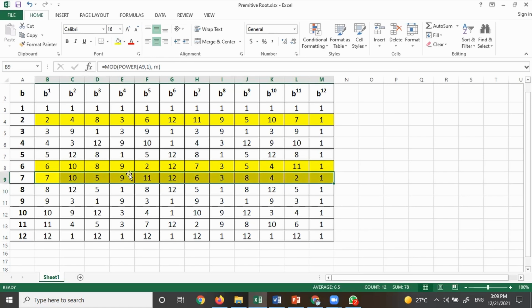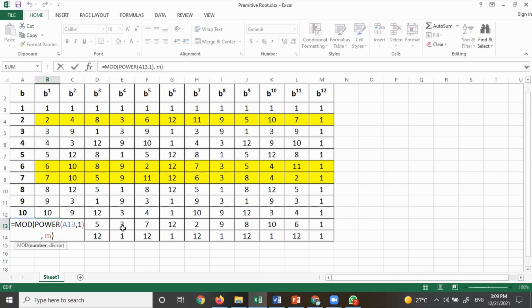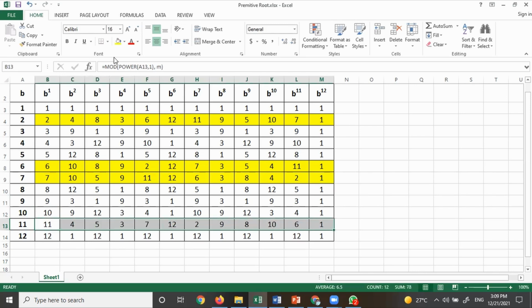Please tell me if I'm wrong. 9 is repeated, 10 is repeated, 11 is not repeated. And this is repeated.